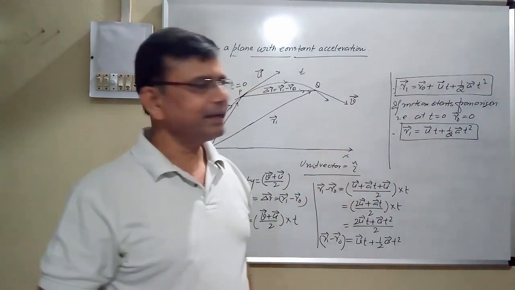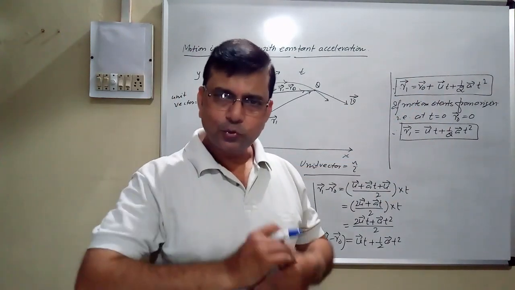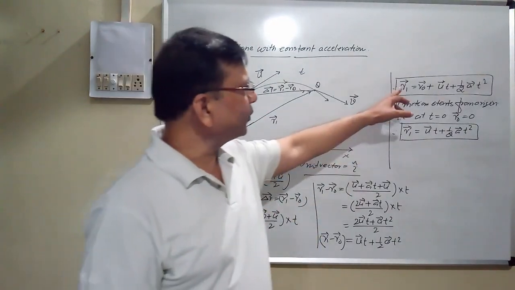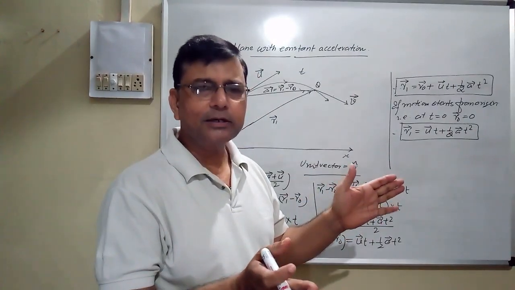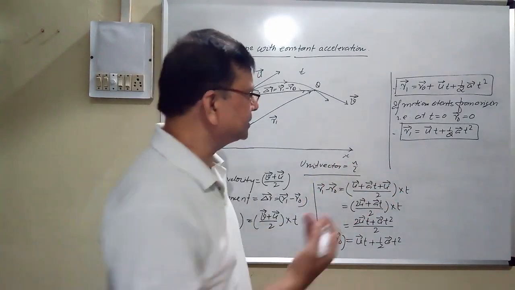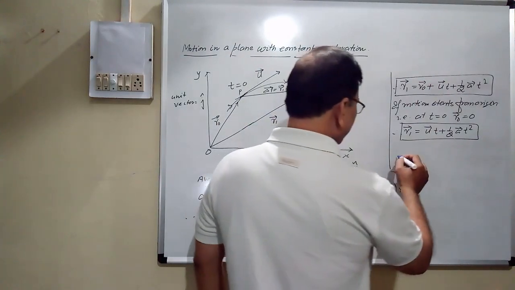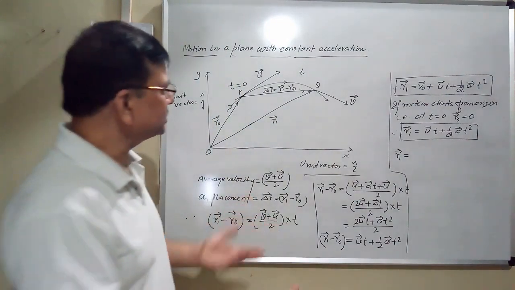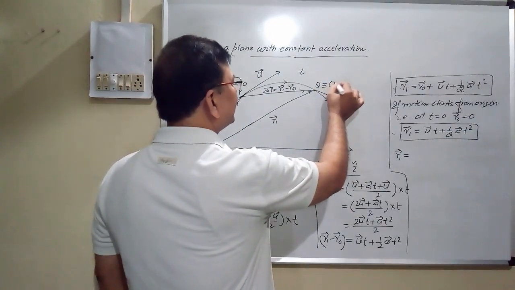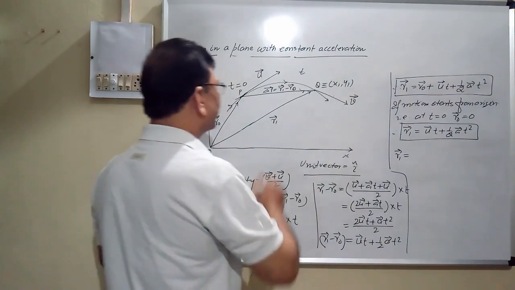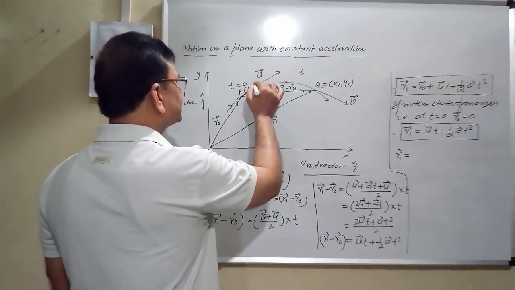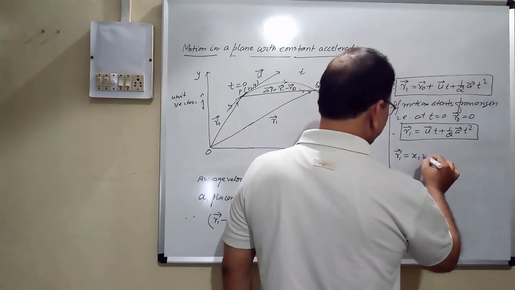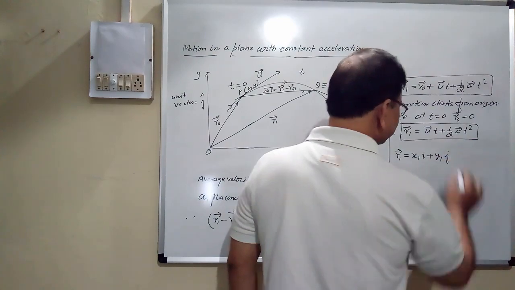So this can be written in two perpendicular directions in Cartesian form also, right? When r1 is resolved in two directions, suppose we can write that also. r1 vector is, suppose its coordinate is x1, y1. So r1 can be written as x1i plus y1j.